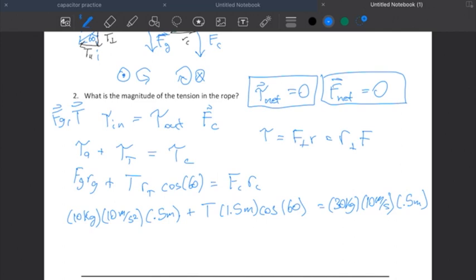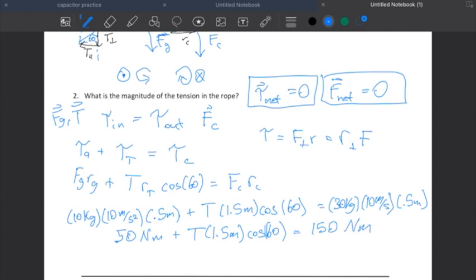10 times 10 times 0.5, we'll get 50 Newton meters here. So kilograms times meter per second squared is newtons, times meters is Newton meters. That is our unit for torque. And so plus T times 1.5 meters times cos 60 equals, and then 30 times 10 times 0.5 is 150 Newton meters.